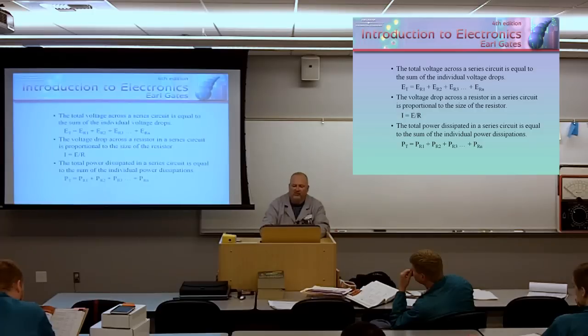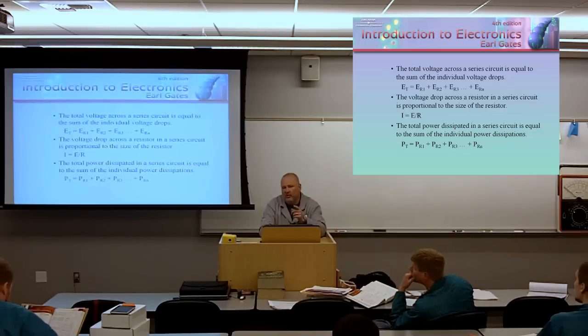The total voltage across a series circuit is equal to the sum of the individual voltage drops, meaning total voltage is equal to the voltage across component 1 plus the voltage across component 2 plus the voltage across component 3. This is a review. You could quote me on this, right? I love it when you quote me. Voltage rise equals voltage drop, okay?